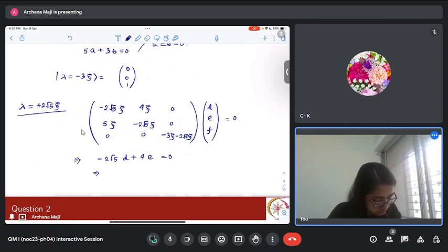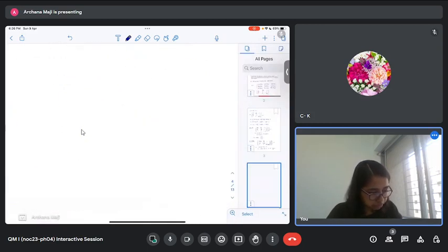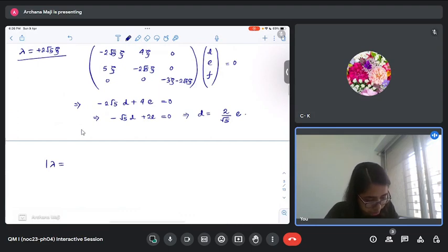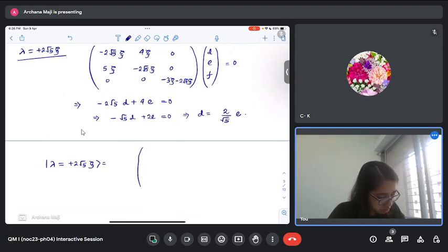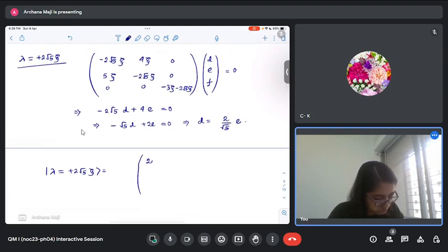So b is equal to 2 over square root 5 e. So the eigenvector corresponding to lambda equal to plus 2 square root 5 xi is then, if we consider d to be 2, then e will be square root 5 and f is 0.